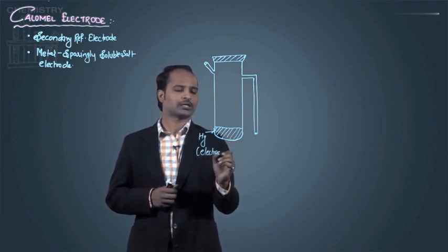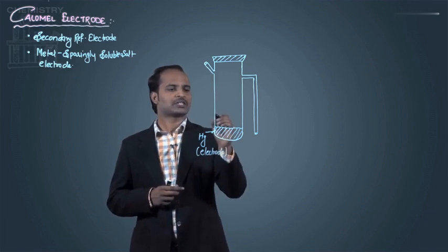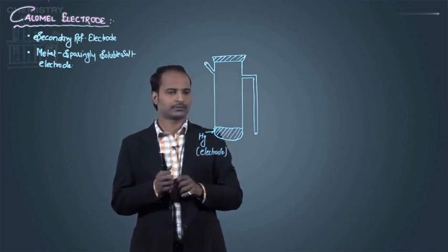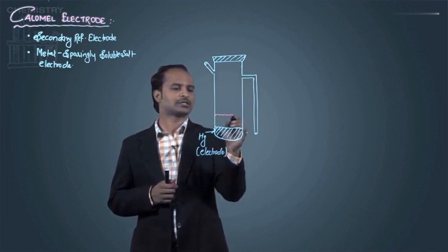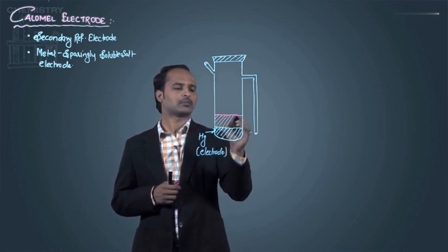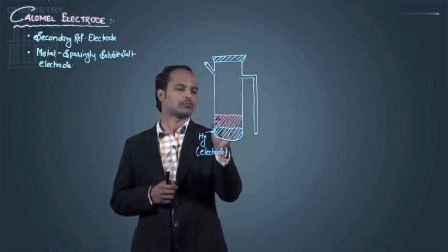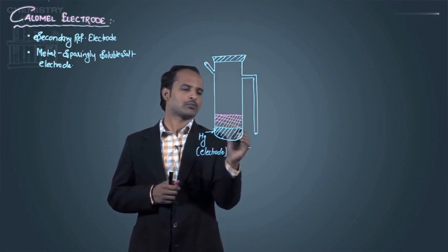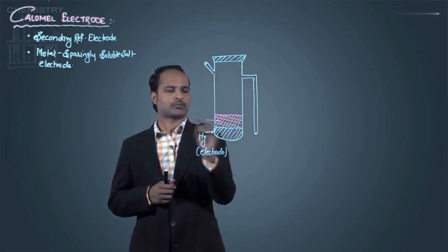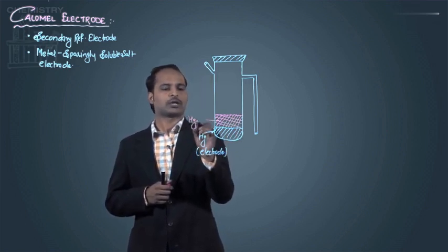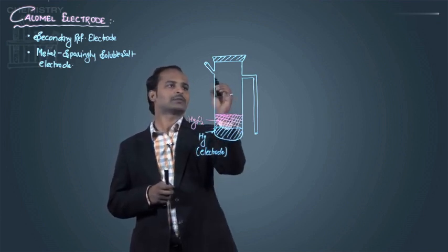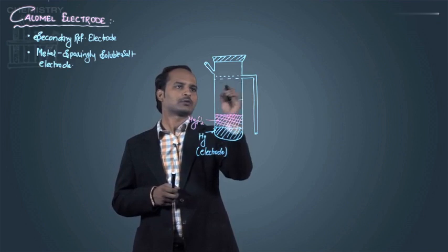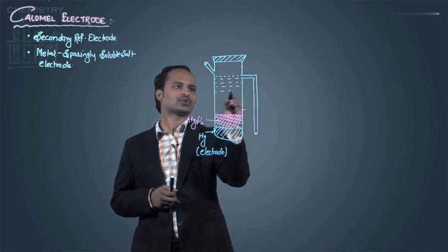So this mercury is an electrode which is covered with its salt, that is mercurous chloride, Hg2Cl2, and then it is filled with saturated KCl solution.